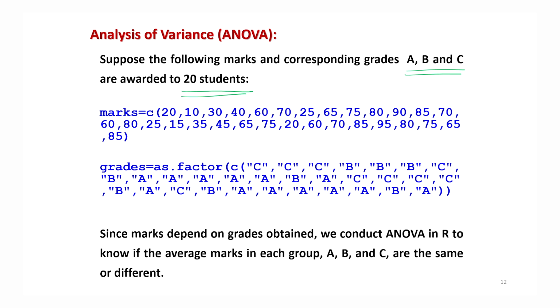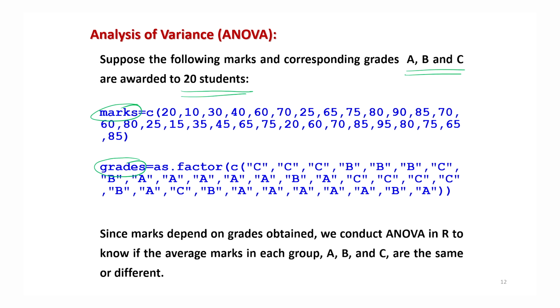So, in the class, these 20 students' marks have been converted into grades A, B and C. These marks are stored in the data vector marks, and the corresponding grades are stored in the data vector grades, which is obtained as a factor, right. Factor is also a concept in the R software where we convert the numerical data into a categorical variable, which is popularly called a factor in R.